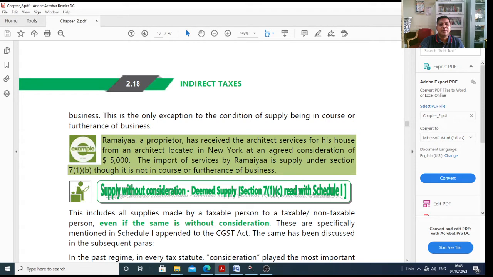You see that Ramaya is a proprietor and he has received the architect service, and this particular service provider is located in New York, and he has paid $5,000 as consideration. So Ramaya imported the services. So imported service is a supply, even though it is not in the course or furtherance of the business.